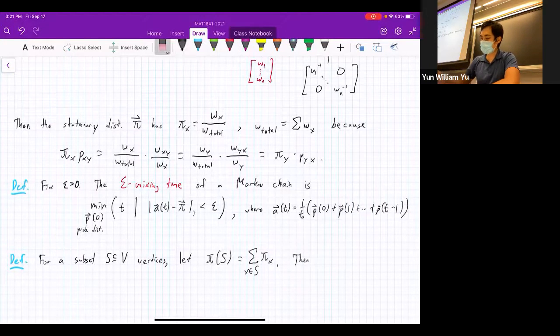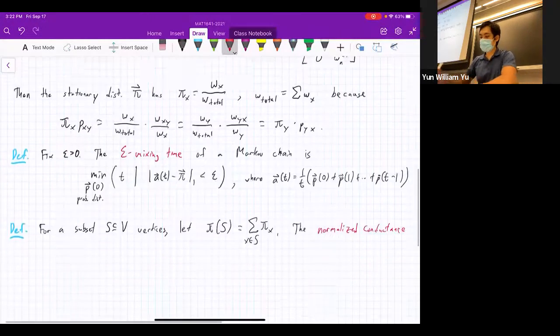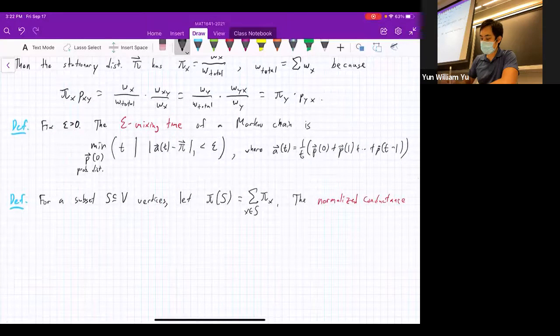Then we're going to define the normalized conductance. Let's use capital phi.